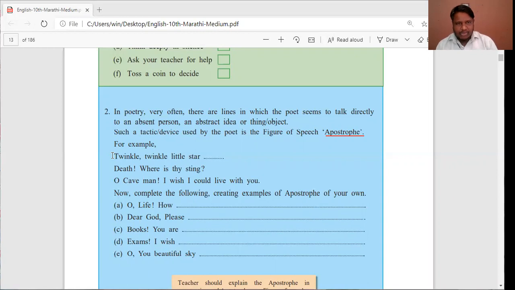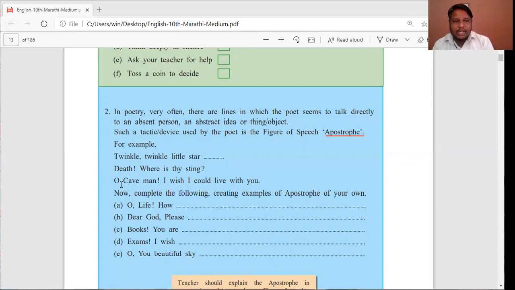For example, in twinkle twinkle little star, the stars are not present in front of him, but the poet talks to them. In the second, death is abstract; we cannot see it properly.